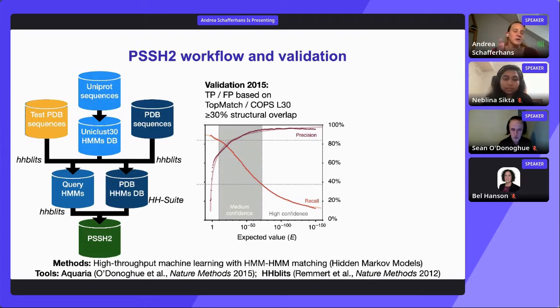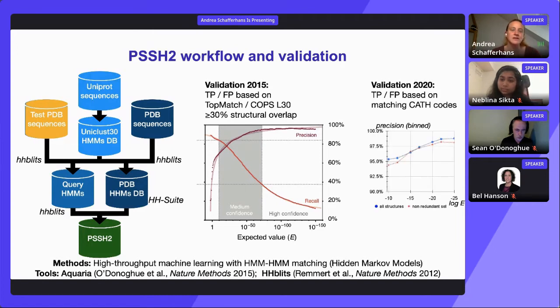And using that, we were able to balance precision of the match against recall, and decided that we're going to include all the proteins with an e-value of 10 to the minus 10 or better into our database. In 2020, since HH-suite has been further developed, we redid our validation and checked that the 10 to the minus 10 cutoff still works reasonably.